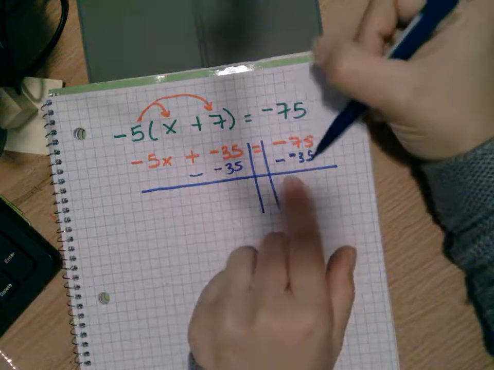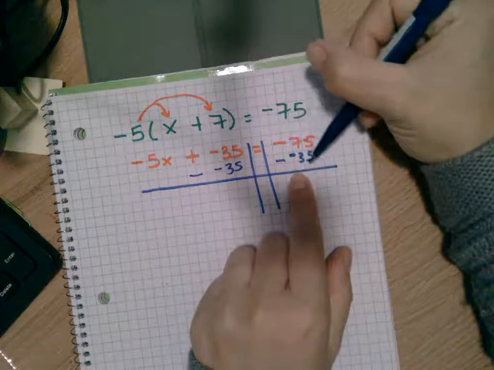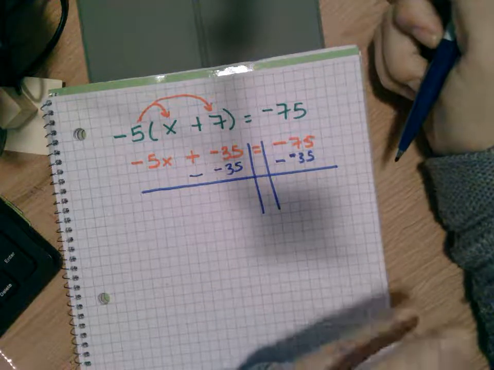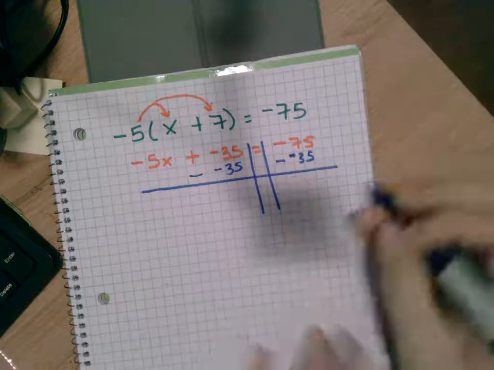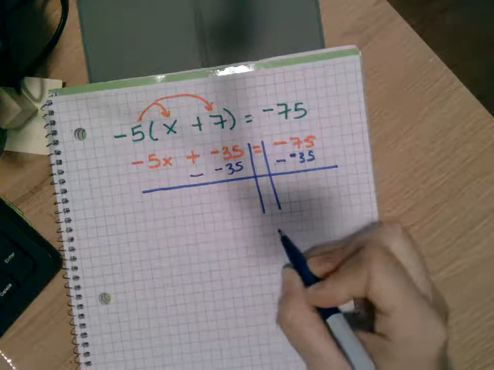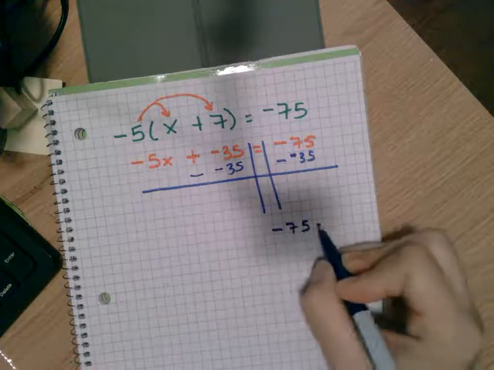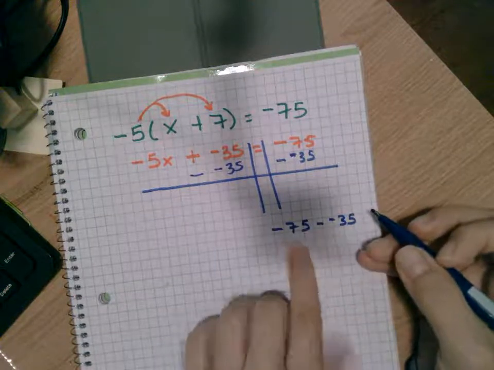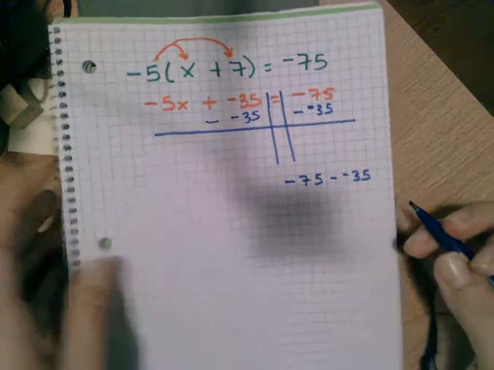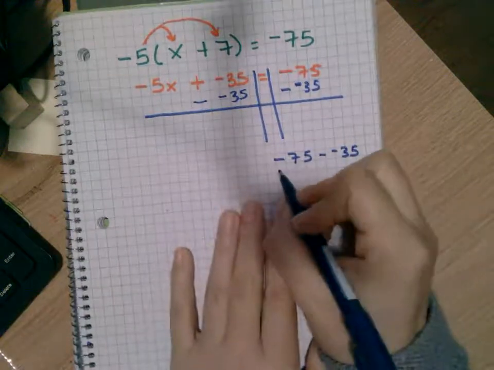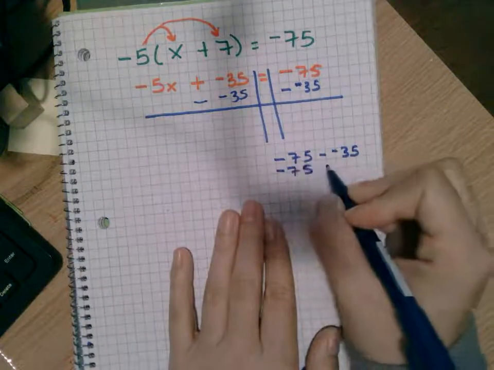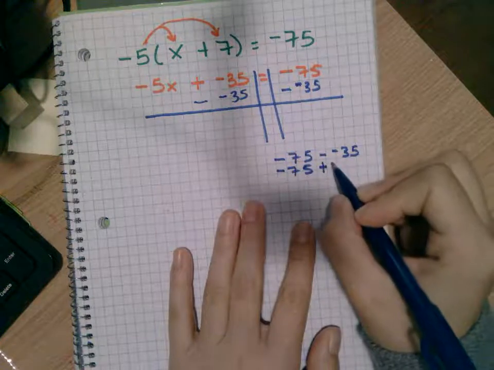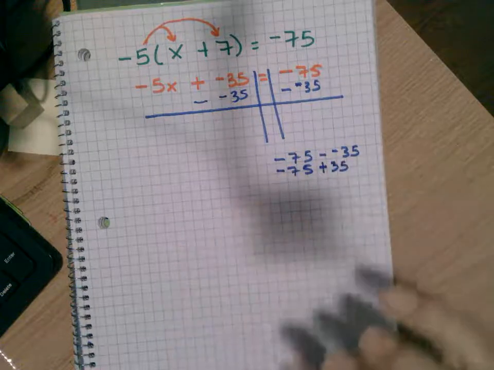Now here, this is where we start doing the math we learned a month ago. I personally like to rewrite it horizontal, right? So then my eyes see, oh, this is what she hates. So rewrite it: negative 75 plus the opposite of negative 35, which is positive 35.